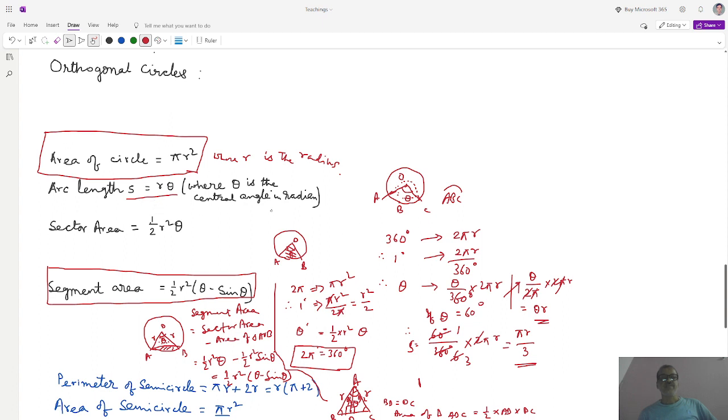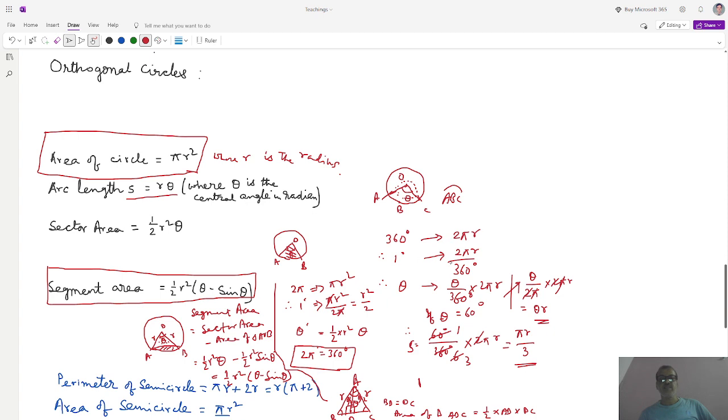We know that the whole circumference length is 2 pi r, and it makes an angle at center of 360 degree, or a complete angle. So 360 degree is made by the circumference length 2 pi r.